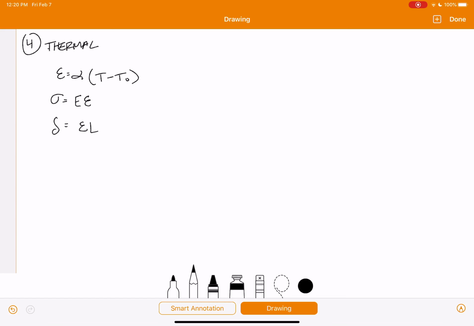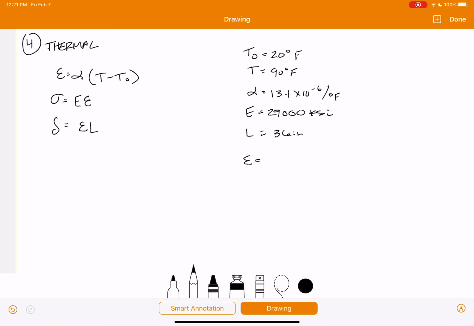So for example, if we had a steel bar that had an initial temperature of 20 degrees Fahrenheit, and we heated it up to 90 degrees Fahrenheit, and let's say alpha equals 13.1 times 10 to the negative 6 per degree Fahrenheit. E is going to be 29,000 KSI. And finally, the length of our bar is 36 inches.